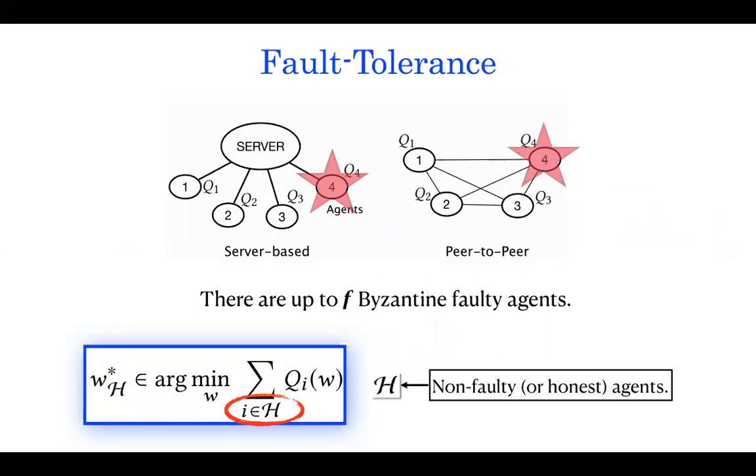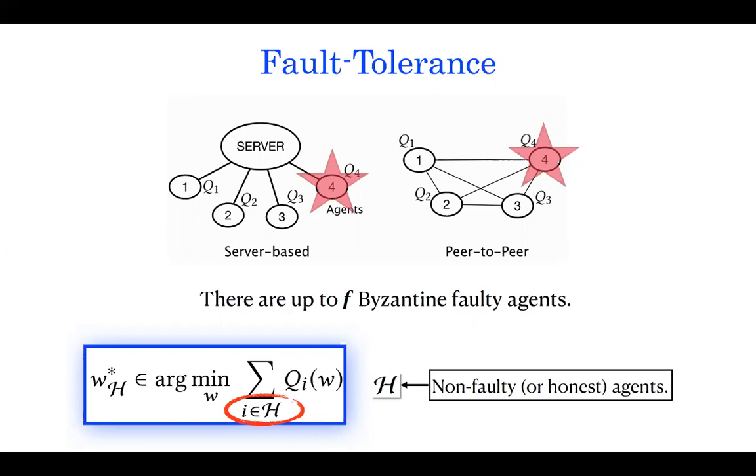Obviously, these Byzantine faulty agents may be sending incorrect or concocted information corresponding to malicious cost functions to prevent the non-faulty agents from solving the distributed optimization problem.